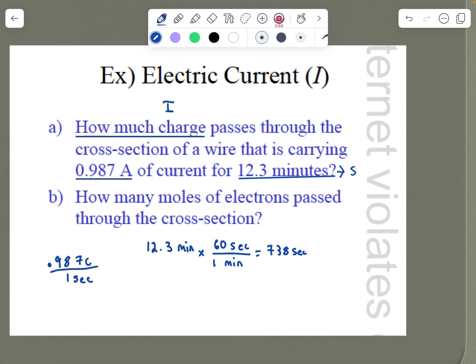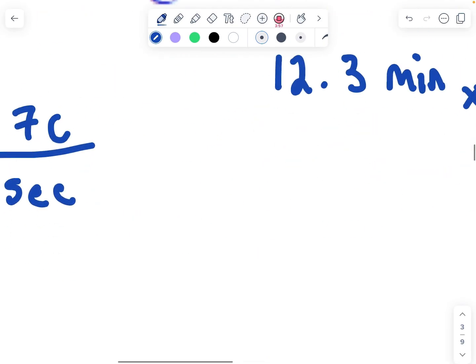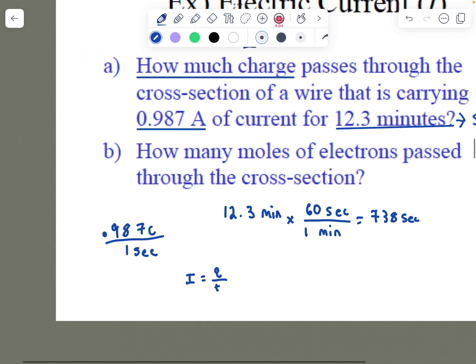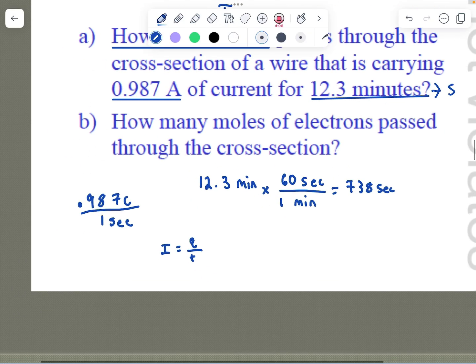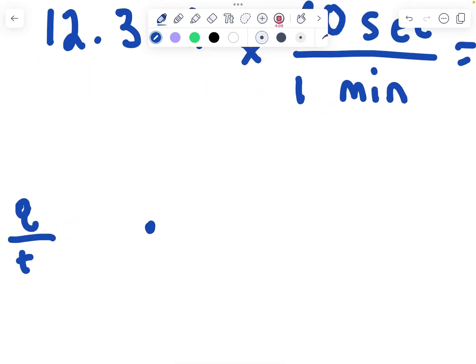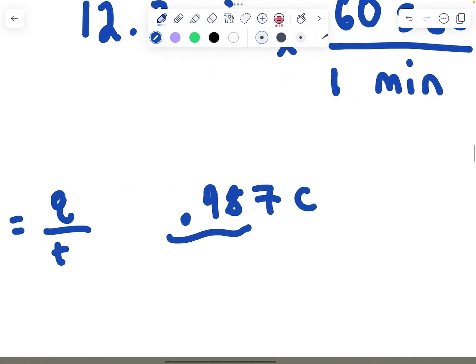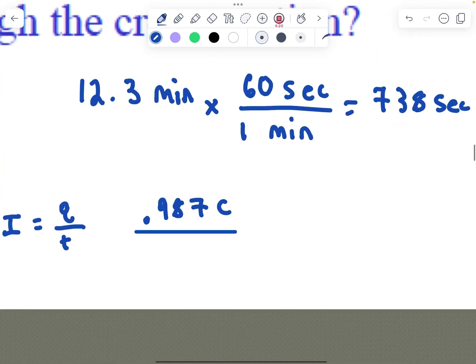And then since it's asking for charge, we use the equation given on your equation sheet: I equals Q over t. We know that our charge is 0.987 coulombs, and we're just going to divide that by our time, which is 738 seconds.